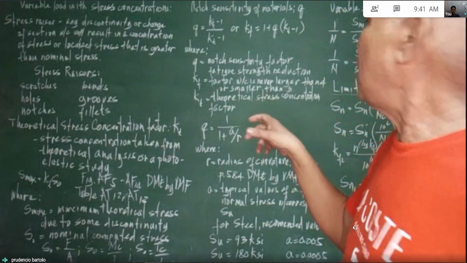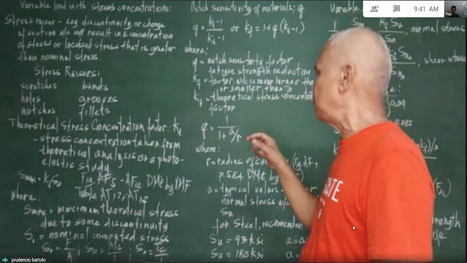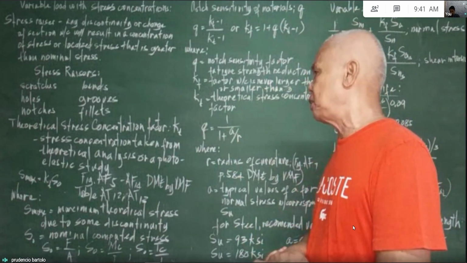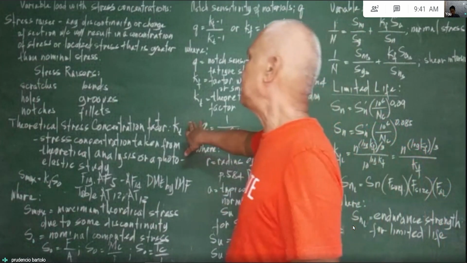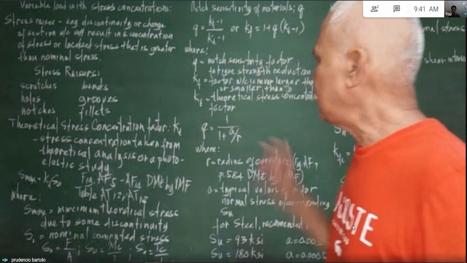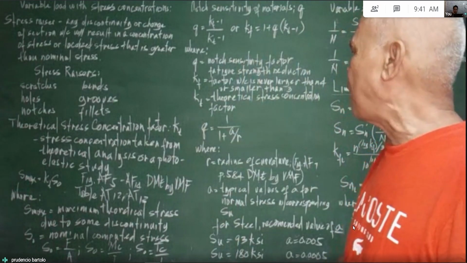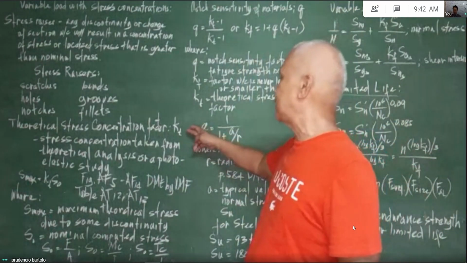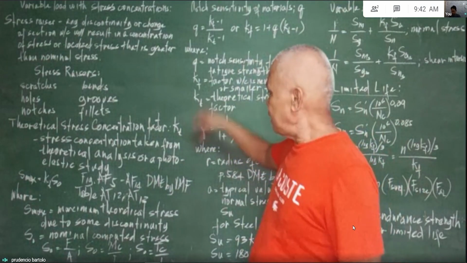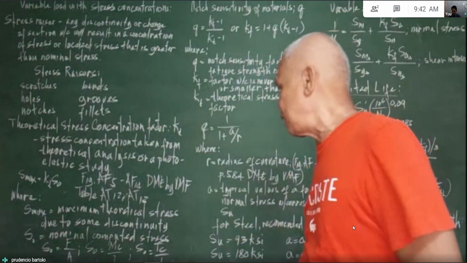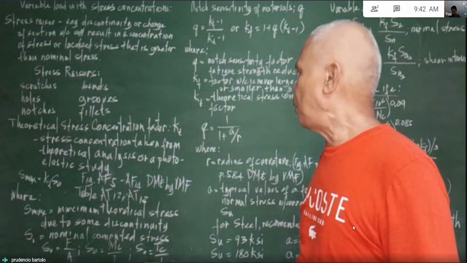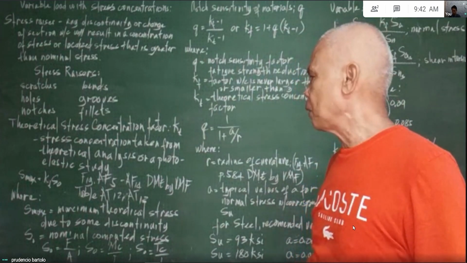Now, in considering the use of the equations involved for variable loads with stress concentration, we will need what we call the theoretical stress concentration factor. This theoretical stress concentration factor is referred to as K with a subscript T, which can be taken from theoretical analysis or a photoelastic study.